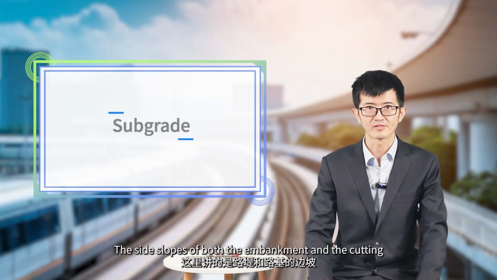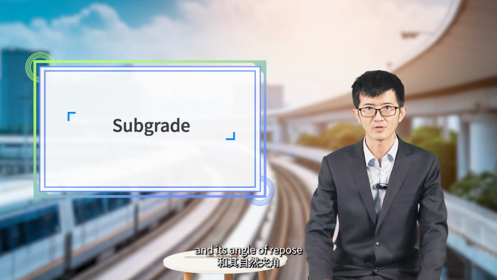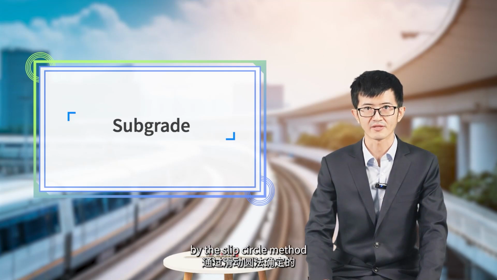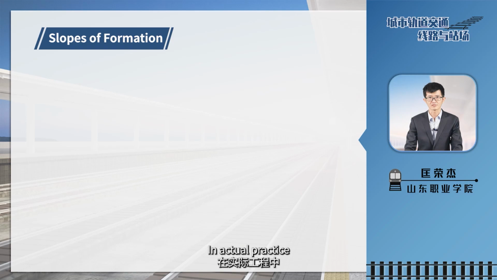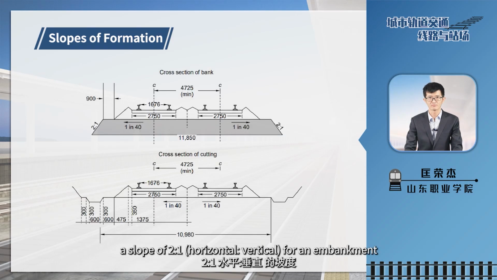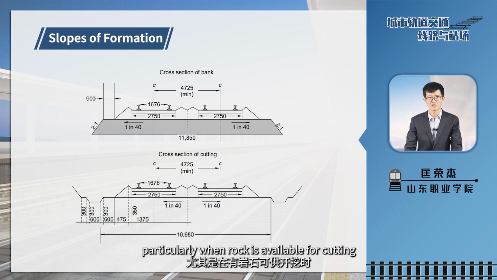The side slopes of both the embankment and the cutting depend upon the shearing strength of the soil and its angle of repose. The stability of the slope is generally determined by the slip circle method. In actual practice, average soil such as sand or clay may require a slope of 2 to 1 horizontal to vertical for an embankment, and 1 to 1 or 0.5 to 1 or even steeper for cutting, particularly when rock is available.